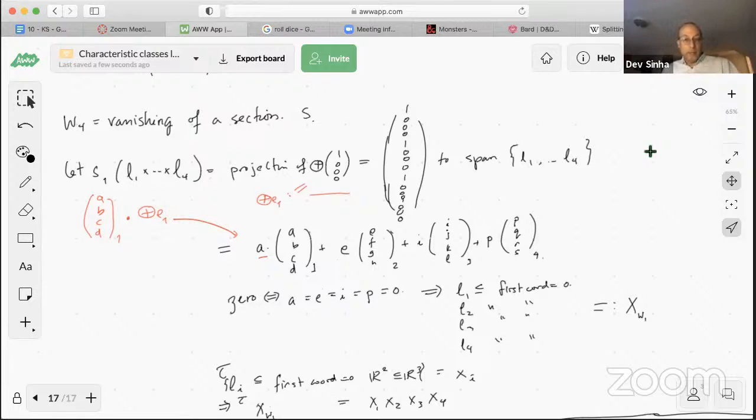I have A times my first basis vector plus E times my second orthogonal basis vector plus I times my third plus P times my fourth. I'm just picking off the first coordinates. Well, assuming transversality, and we're just going to make that blanket assumption.